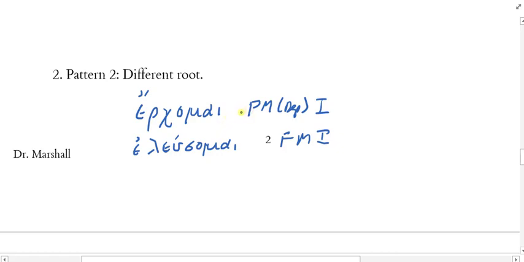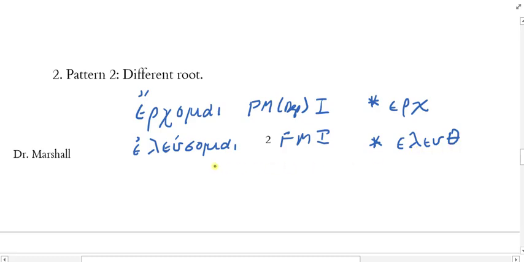And there is a reason for this. The reason is that these are coming from completely different verbal roots. The first one, erkamai, is coming from the verbal root erch, and elusamai is coming from the verbal root eluth. Okay? Where does this elusamai come from?